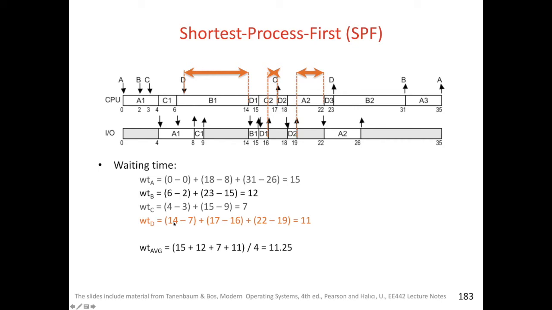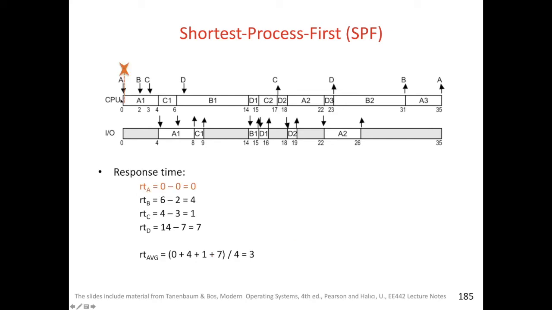So we have 14 minus 7, 17 minus 16, and 22 minus 19. The sum of these terms is 11. The average waiting time calculated by considering all the waiting times is equal to 11.25. Notice that it is shorter than the average waiting time for first come, first served.